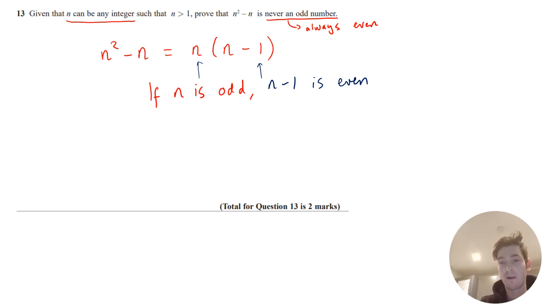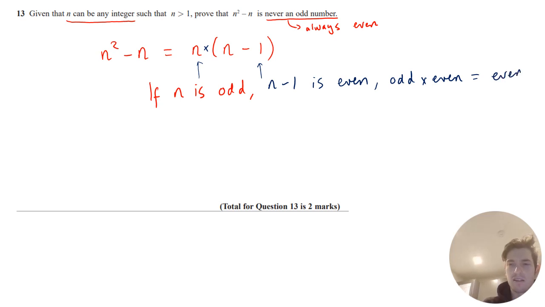So if I have an odd number, minus 1 from it, I get an even number. So if n is odd and n minus 1 is even, what's happening here? Well, I'm doing an odd times an even, which is always going to be even. Because if you multiply an even number by something, the answer is always going to be even.